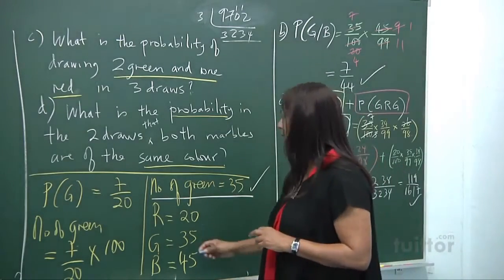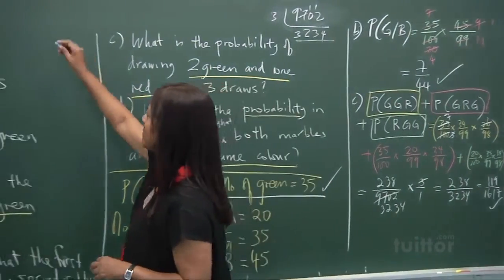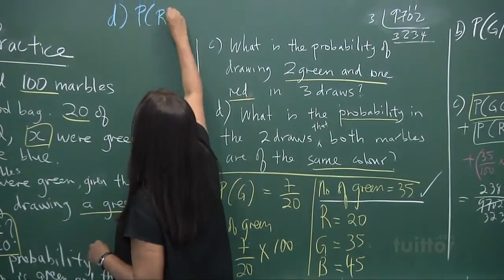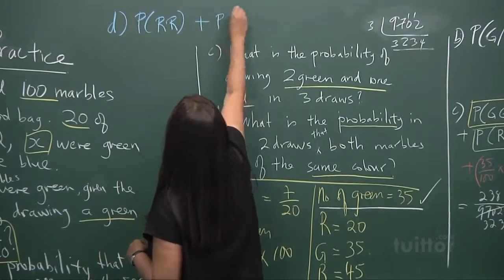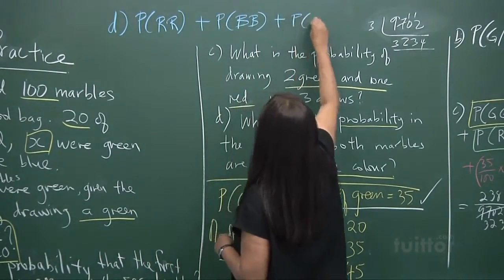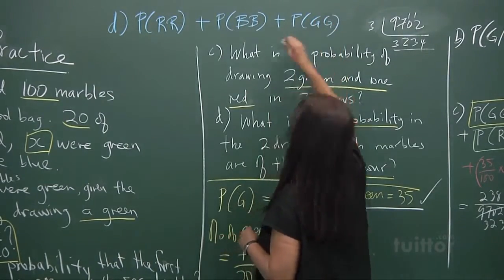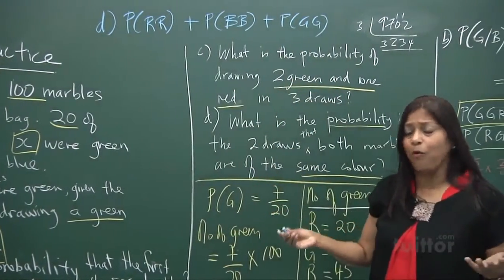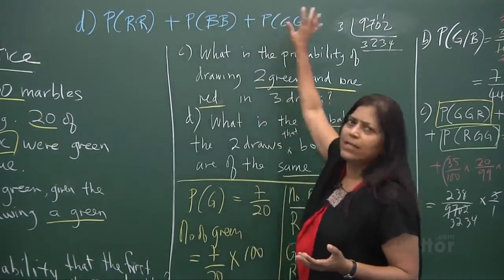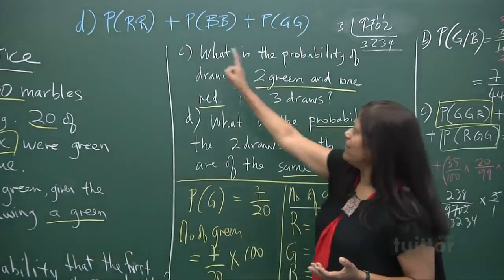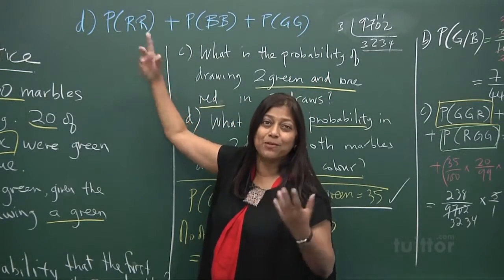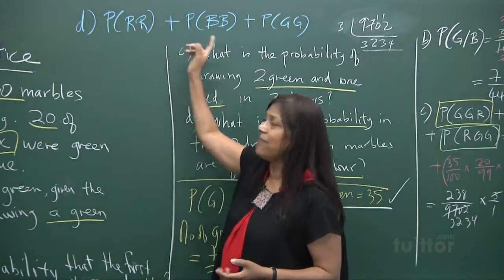The probability of getting a red red, if you don't mind, I answer here: the probability of getting a red red plus the probability of getting a blue blue plus the probability of getting a green green. That's what it calls for, and you sum them up. These are 3 mutually exclusive events. But this itself is dependent, because you have a replacement, dependent events.